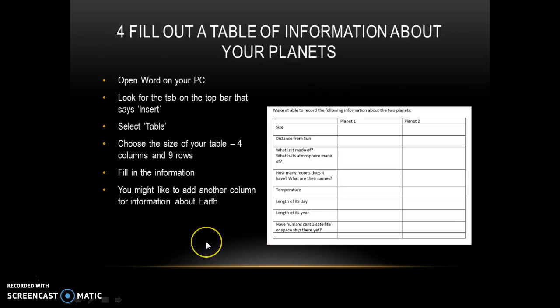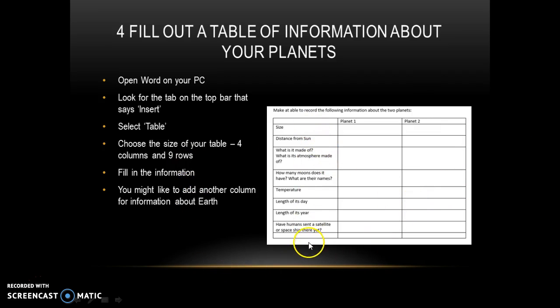Okay, so you're going to make a table with all this information. You'll open Word on your PC. You'll look at the tab at the top of the bar that says Insert. Select Table. Choose the size of your table. For example, I've got 3 here, but you could add a 4th column with Earth if you're going to compare the 3 of them.